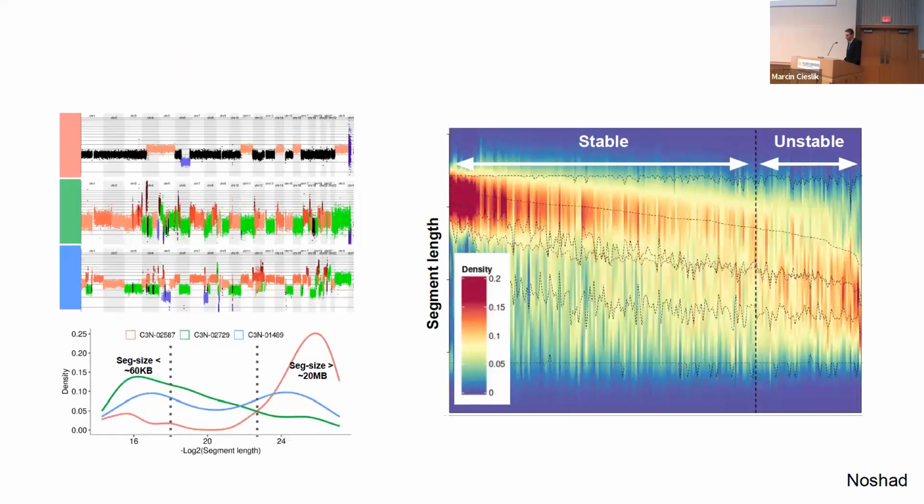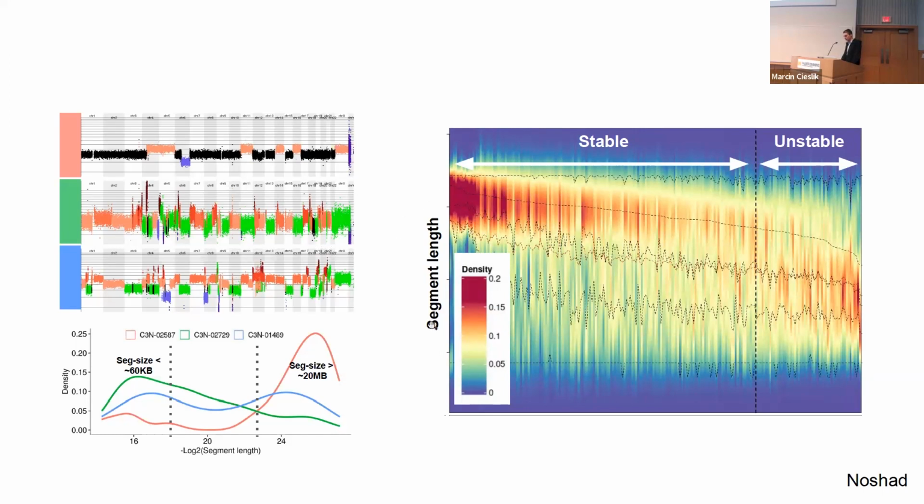So here, Naushad thought a little bit out of the box and applied a different way of visualizing the data, which brought us quite a lot of insights. Rather than focusing on the deviation of copy number relative to a baseline, he looked at the degree to which the genome is shattered into pieces.